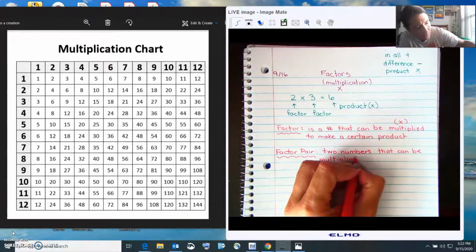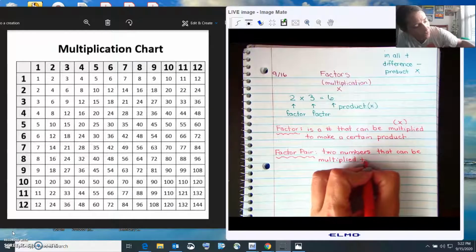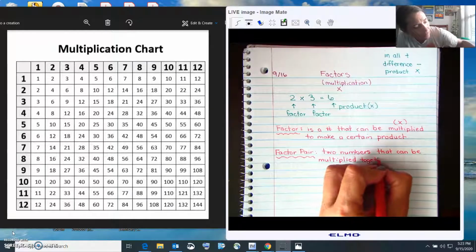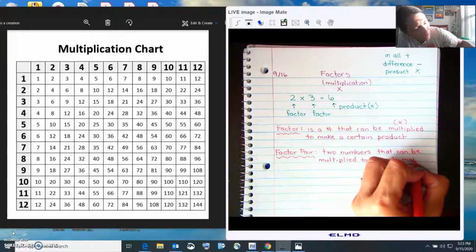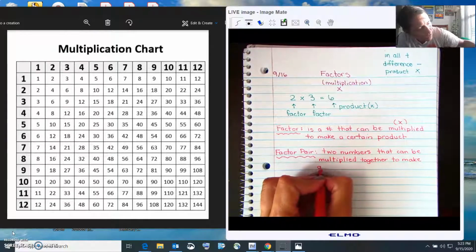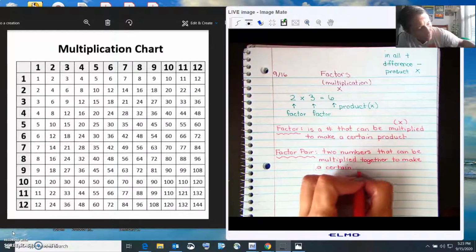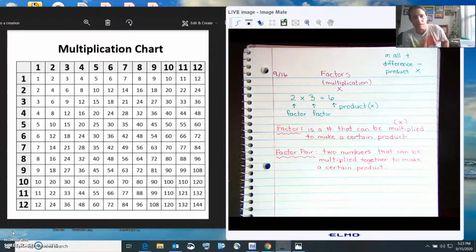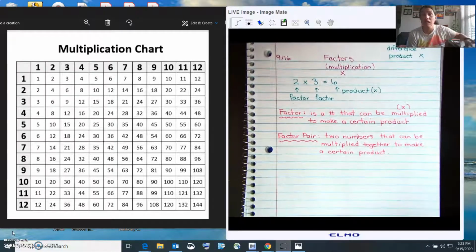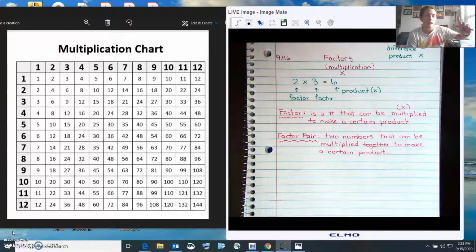I'm going to show you what this means with an example. All right, so those are lots of big words. Factors are the numbers that you multiply, and the pair is when it's two numbers that make the factors.